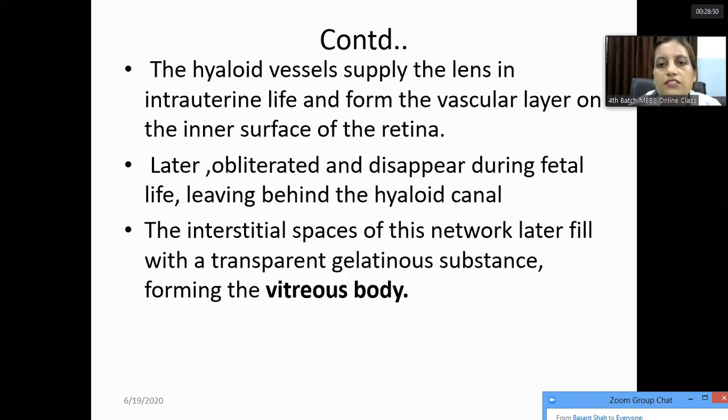So it is just a jelly-like substance, which gradually, with so many conditions, is changed into liquid, which leads to many pathological conditions.